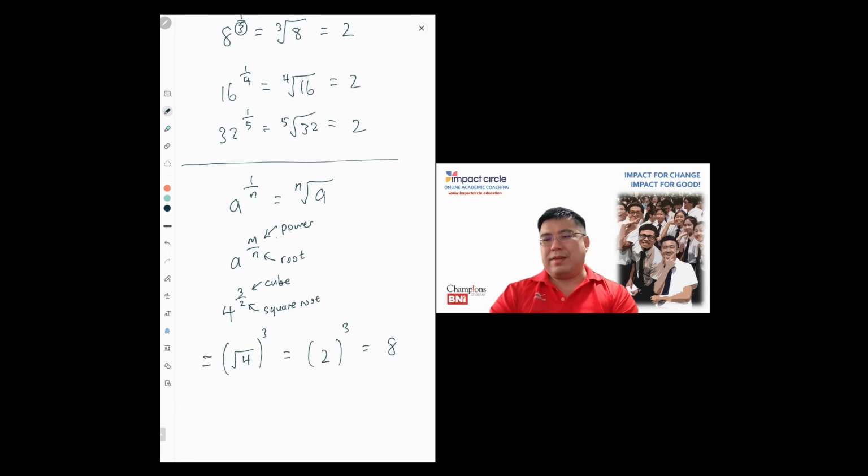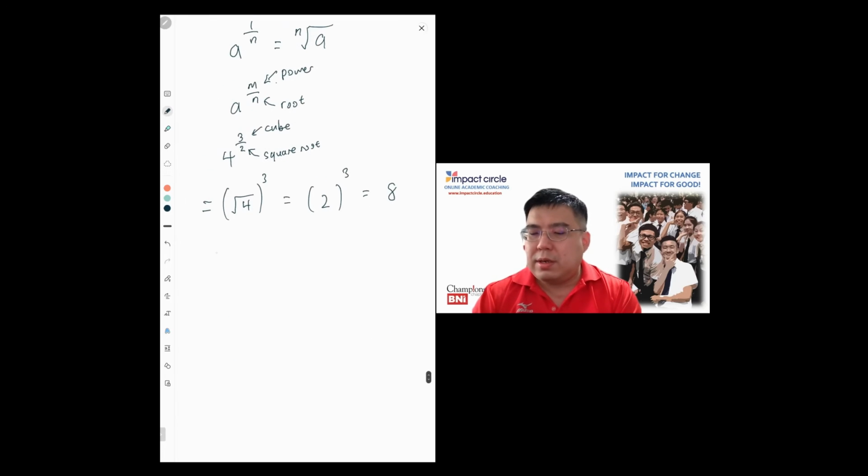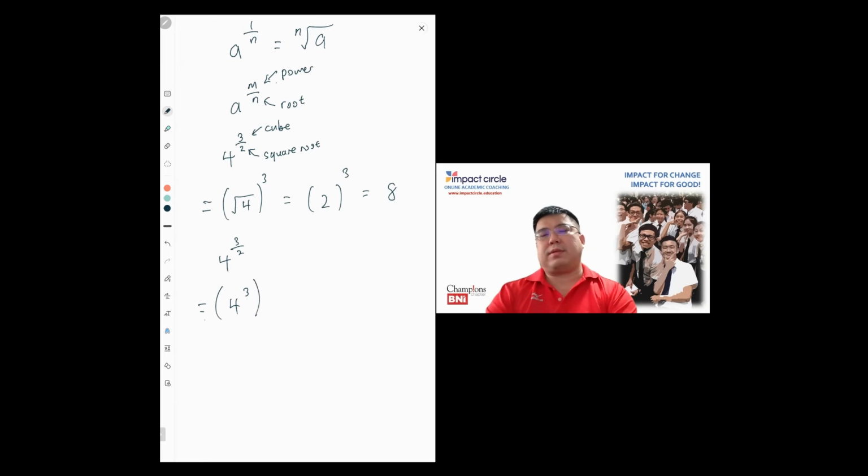All right? Okay, there is another way to do this. You can actually choose to take the cube first, and then after that take the square root. And you will see that this will give us the same result. So you can take the cube of 4, and then square root the result. What is the cube of 4? 4 times 4 is 16, and 16 times 4 gives us 64.